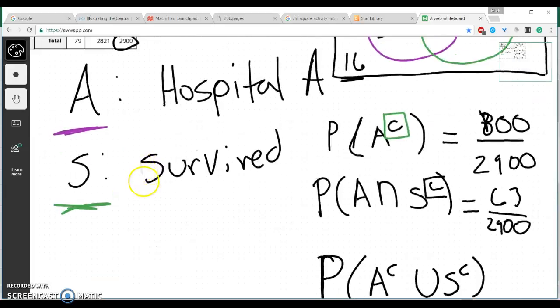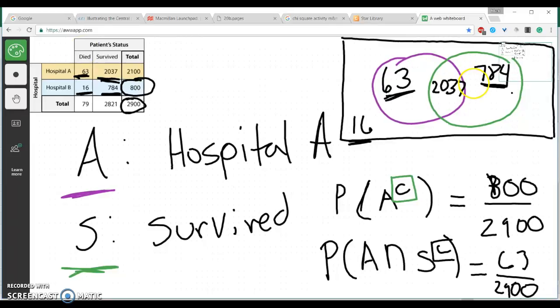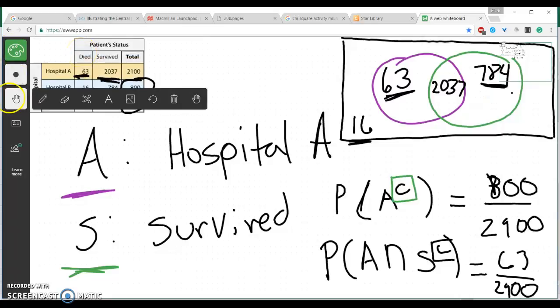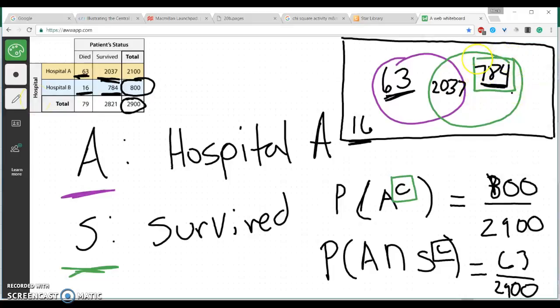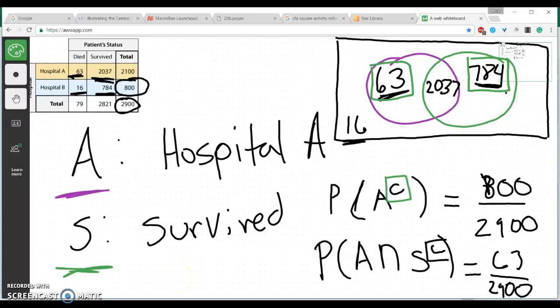So it not being in A would include these 784 people, because those 784 people are not in A. It would also include these 63 people because those 63 people are not in S. So when it's an OR statement, either could be true. So it includes the 784, the 63, and it's going to include the 16.